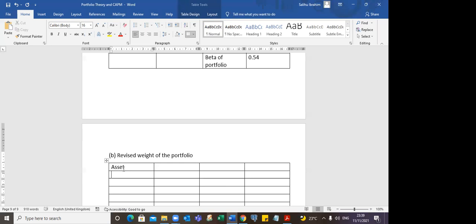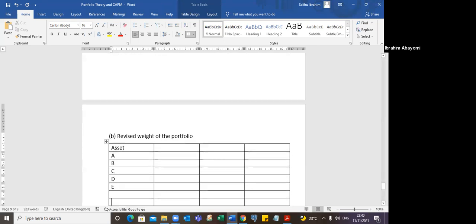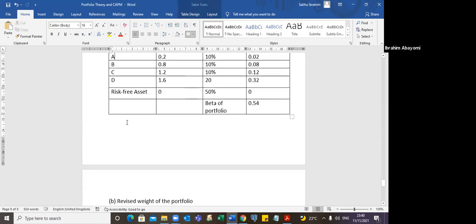We have assets A, B, C, D, E. Now, the E here is the risk-free asset. The risk-free asset is what I use the letter E to represent. Do you understand?